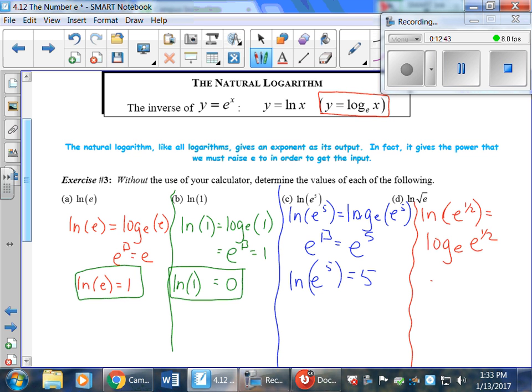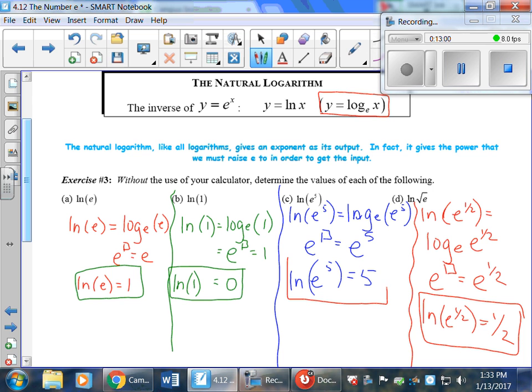So what that's saying is e to what power is going to equal e to the 1/2. So that means the natural log of e to the 1/2 is simply 1/2. So hopefully you're seeing how this works. It's very similar to logarithms. You're just using a different base. Write down what you need to before we take a look at exercise 4.